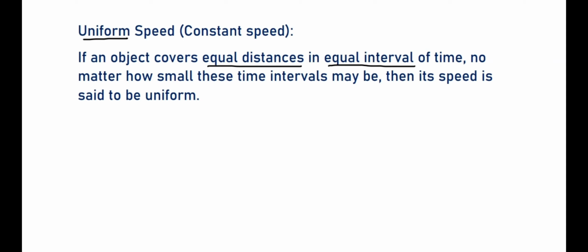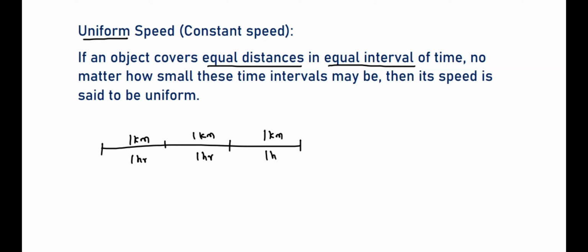That means we can take it here. 1 kilometer distance is traveled by a body, suppose, in 1 hour. Next 1 more kilometer is traveled by the body by taking the time 1 hour. 1 more kilometer is traveled by the body in 1 hour.